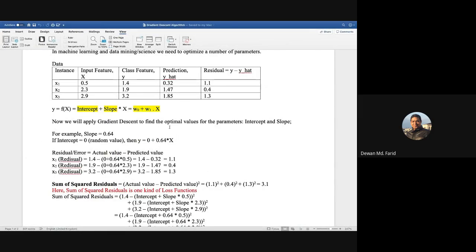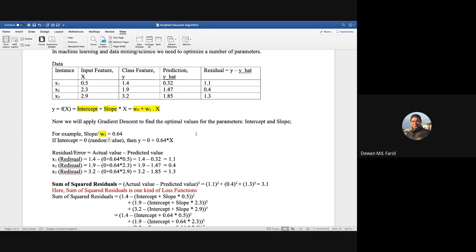So here we have just W0 and W1. Let's assume that we will find the minimum value for W1 first, so we assume W0 first. W1 is fixed, say for example the slope. W1 equals this, right?